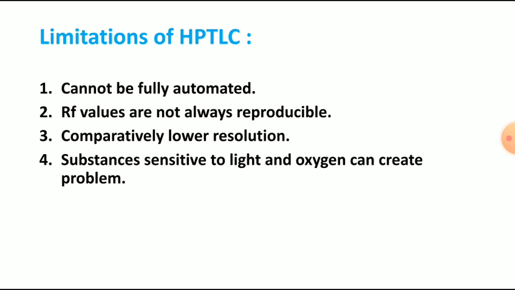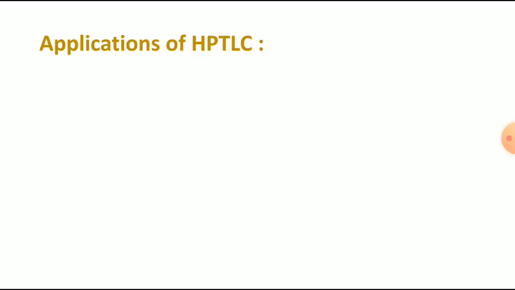Some samples are very sensitive to light, and oxygen may be present in the mobile phase, which may create a problem while analyzing the sample components or detecting or scanning the separated components. So these are the four limitations of HPTLC. Now we will see the applications of high performance thin layer chromatography.